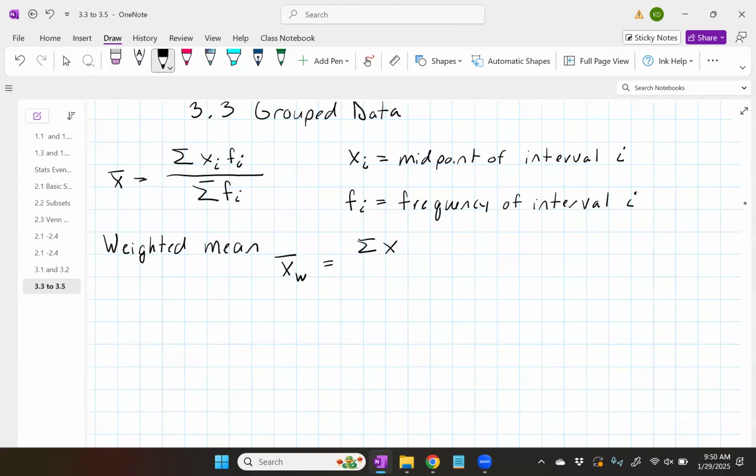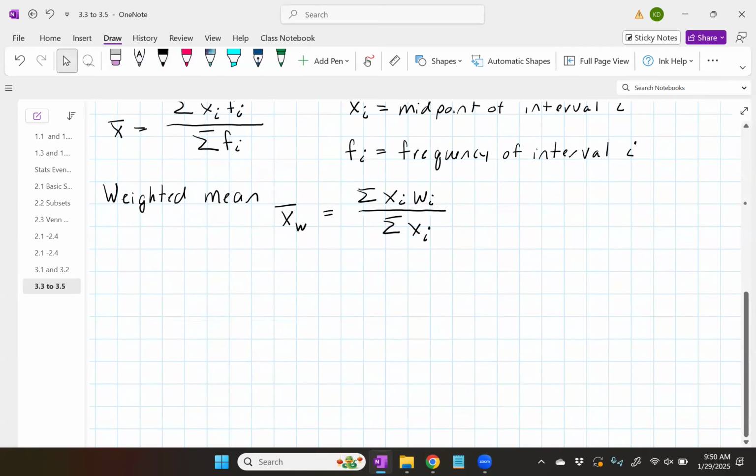So sum of x sub i, w sub i, all over the sum of the weights, I wrote that wrong. So if this was a GPA problem, we'll pause and do a quick example with this one.